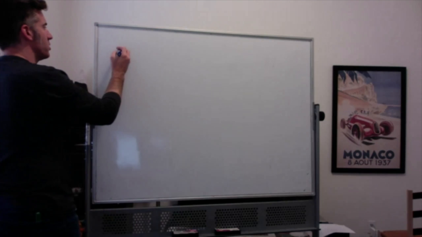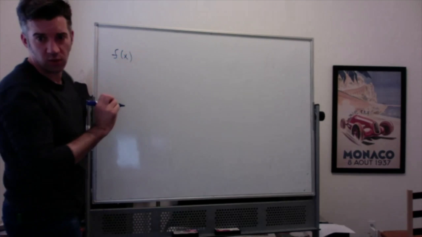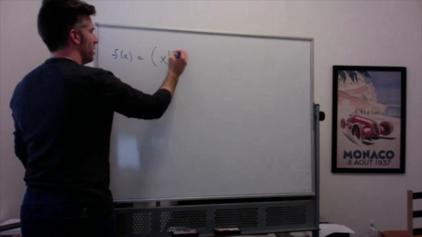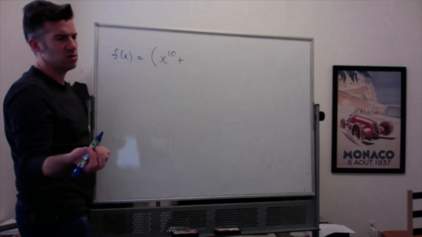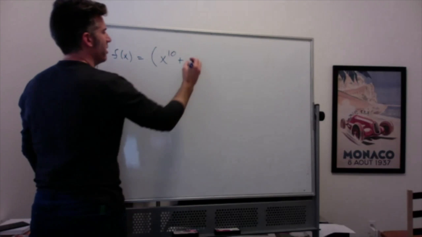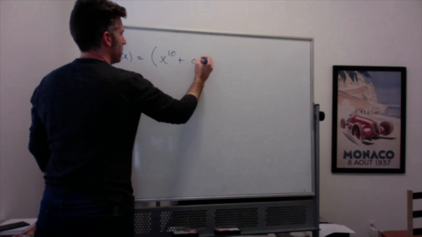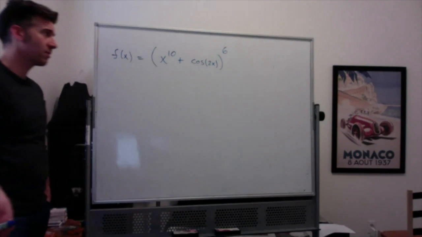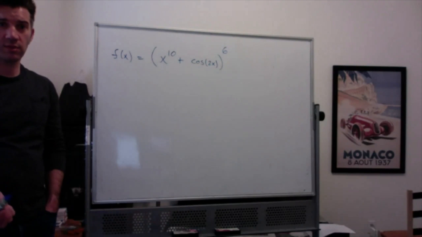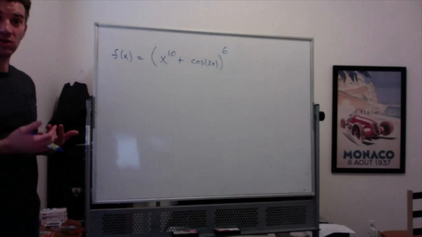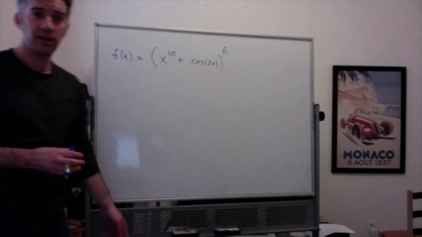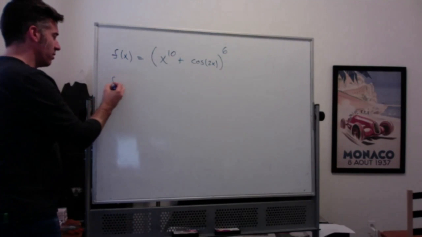Let's say our function is x to the 10th plus, oh, I don't think we've done that yet, cosine of 2x to the 6th. So there's a function. I'm definitely going to have to use the chain rule because I've got some stuff to the 6th power. So my derivative here.